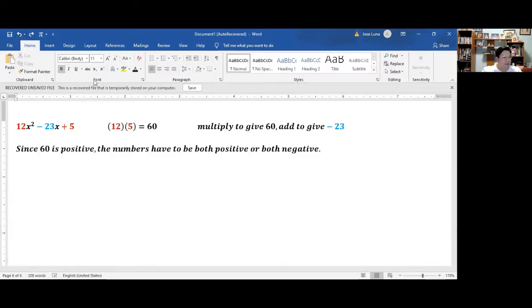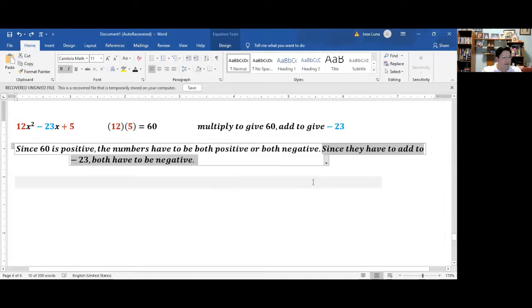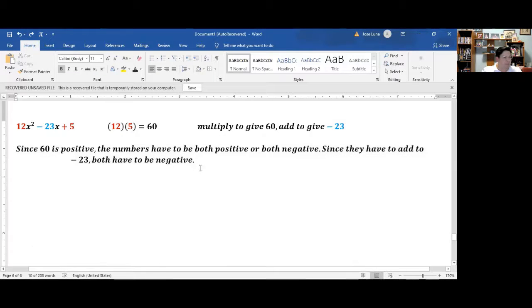Now they have to add to give negative 23. Since they have to add to give negative 23, both have to be negative. So what two numbers multiply to give positive 60 and add to give negative 23?